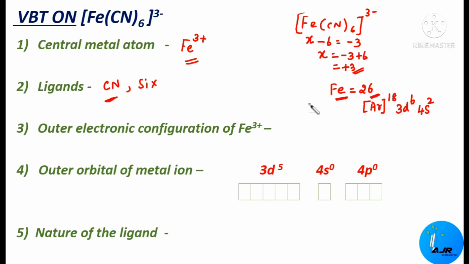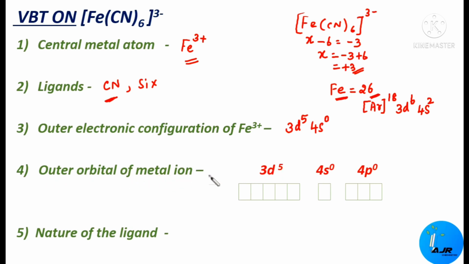So finally we get the outermost electronic configuration as 3d5 4s0. This is the outer electronic configuration of Fe3+. Understood? Next we are going to write the outer orbitals of the metal ion.